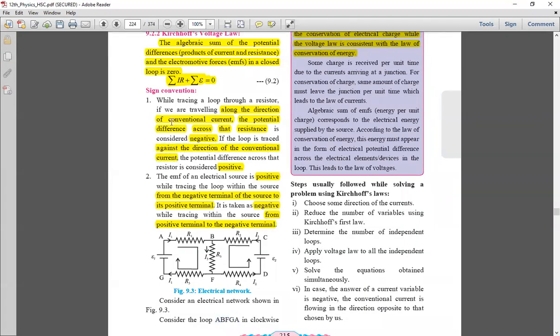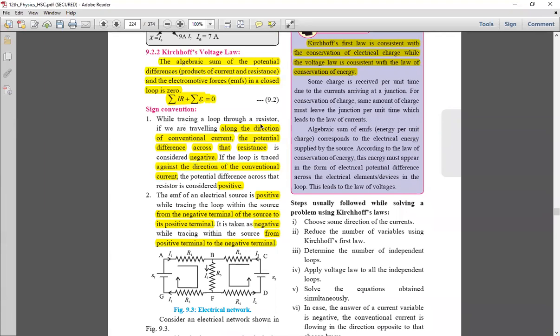So what it says: while tracing a loop through a resistor, if we are traveling along the direction of conventional current, the direction of conventional current is always positive to negative. So if we are moving along the direction of conventional current, it means we are moving from positive terminal to negative terminal, then the potential difference across the resistance will be negative.